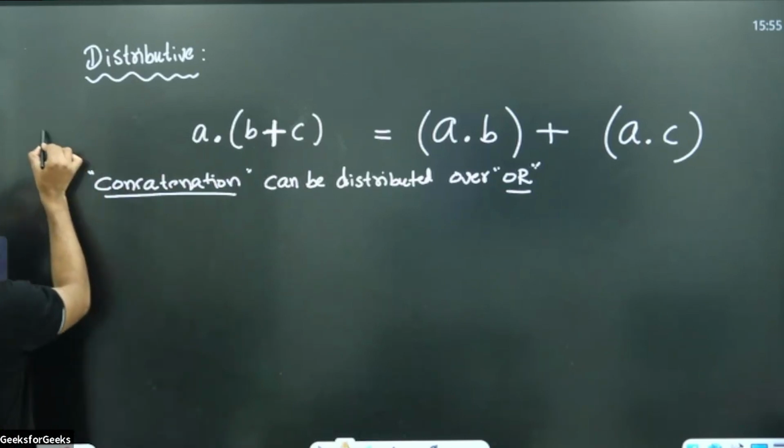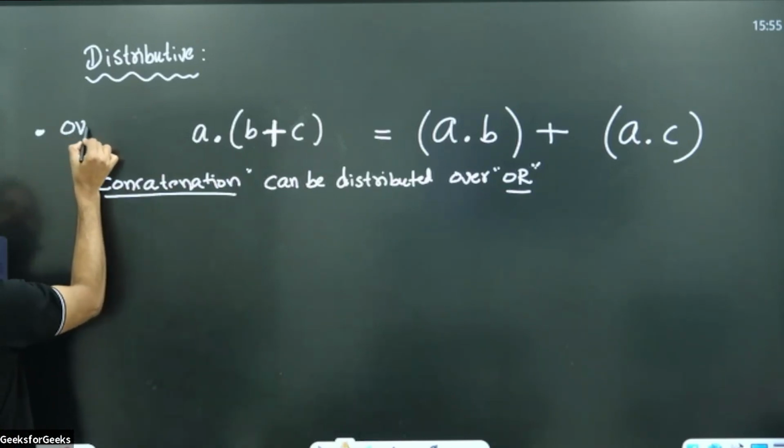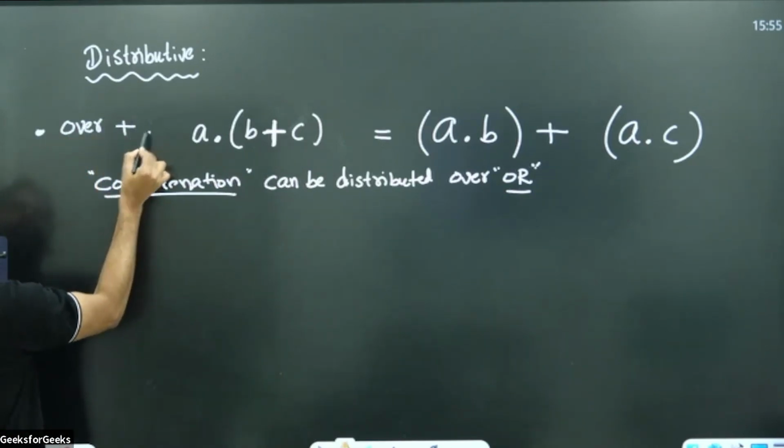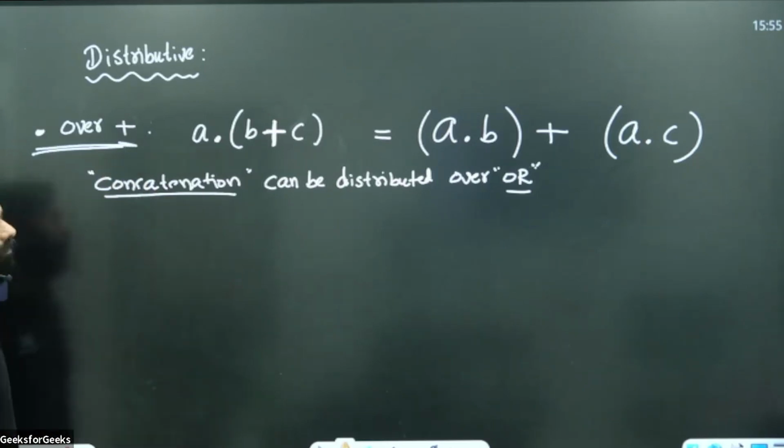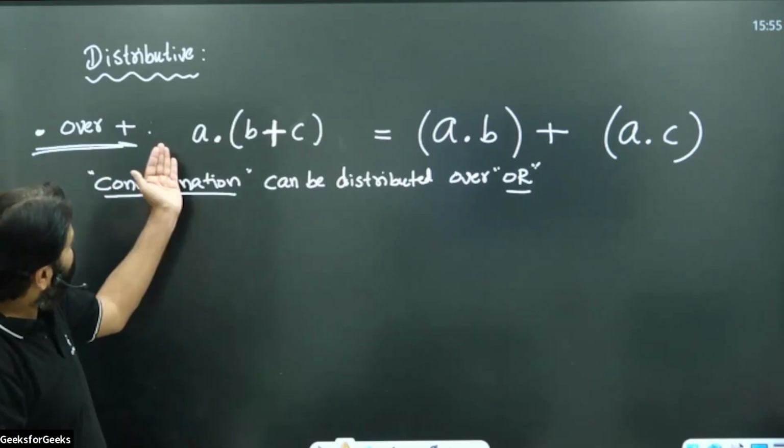You can simply say dot over plus. And this is a left distribution.